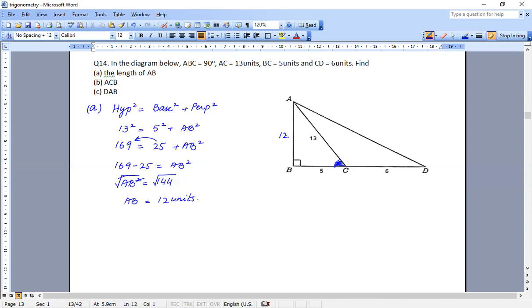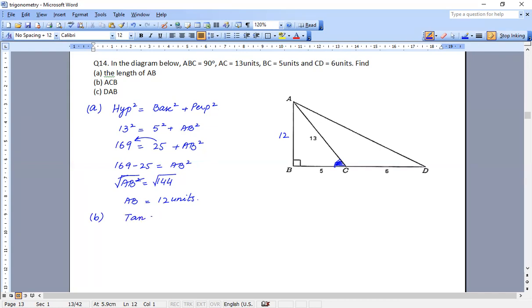Which trigonometric ratio? Maybe opposite and hypotenuse, maybe adjacent and hypotenuse, and maybe opposite and adjacent. As all the three sides are known now, I can use any one of the three trigonometric ratios that we have learned.